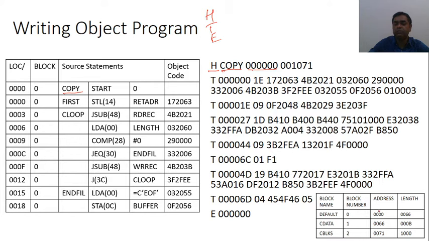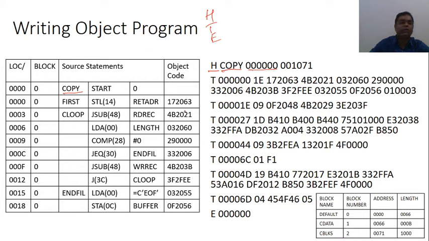Now we know that the size of the default block is 0066. The size of the CDATA block is 000B, and the size of the CBLKS block is 1000.